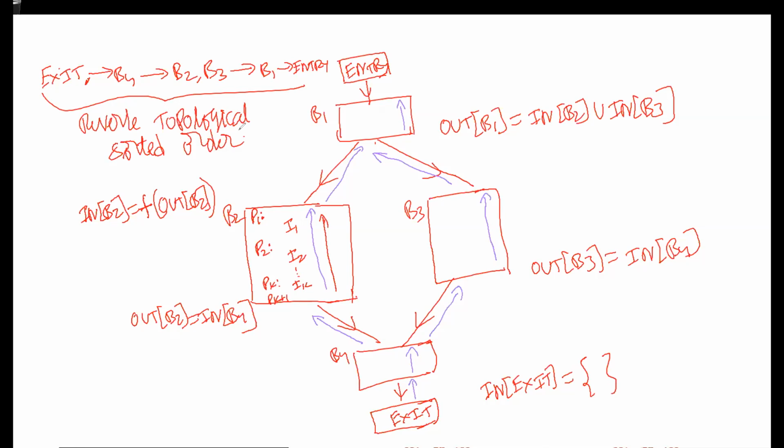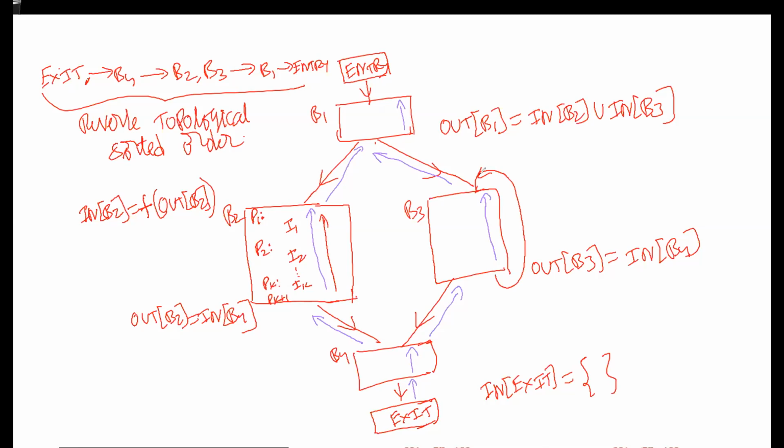So the story till this point looks very good, but there's a bit of a catch, as you may have already expected. That is, in practice, control flow graphs contain loops. For example, here you may have a loop like this. At the end of the basic block B3, there could be a condition. Depending upon whether the condition is true or false, the control flow can go to either basic block B4 or basic block B3.